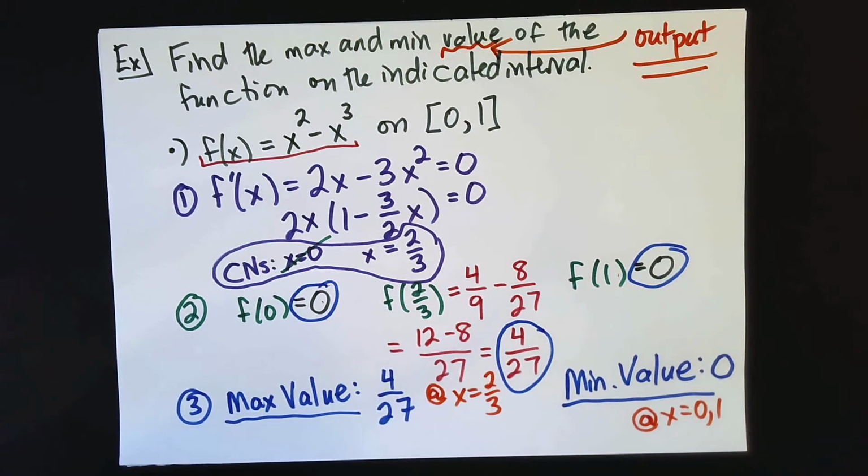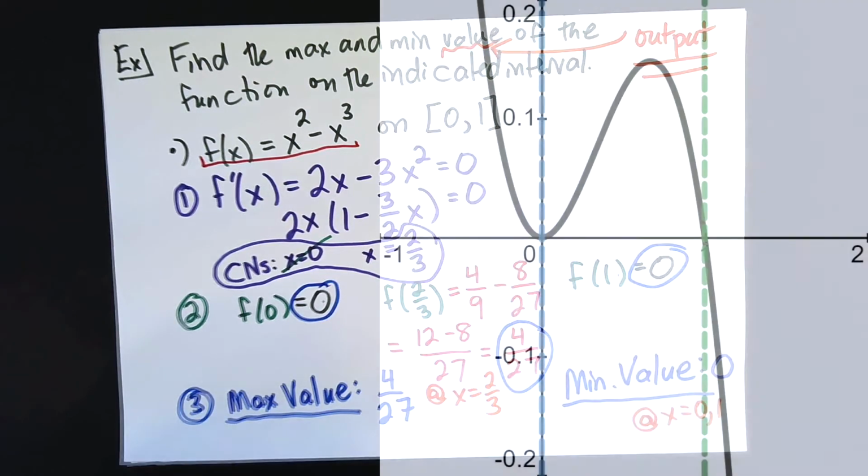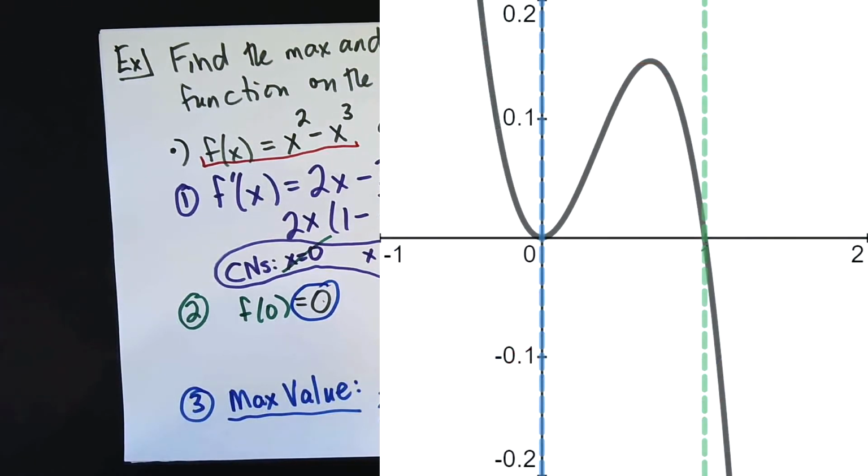Now, I promised I would explain everything that just happened in a graph. So here's a graph of the function f of x equals x squared minus x cubed. The way the closed interval 0, 1 enters this is that I only care about the portion of the graph between x equals 0 and x equals 1.